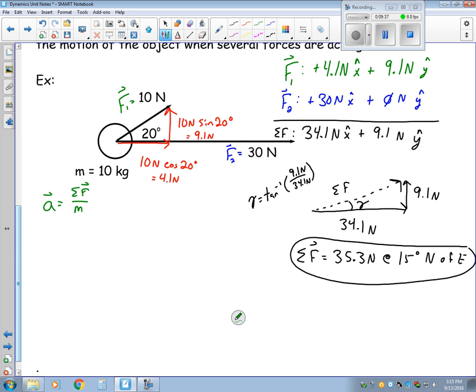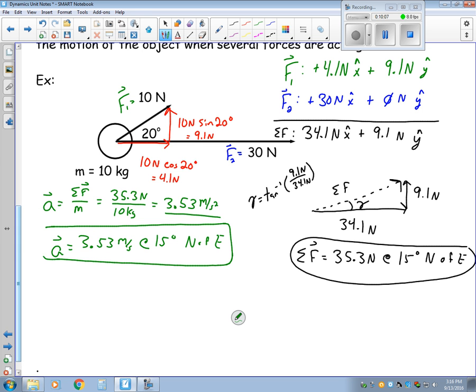The acceleration will be the net force divided by the mass. So the acceleration is 3.53 meters per second squared at 15 degrees north of east. And notice that because they're directly proportional, they both have the same direction.